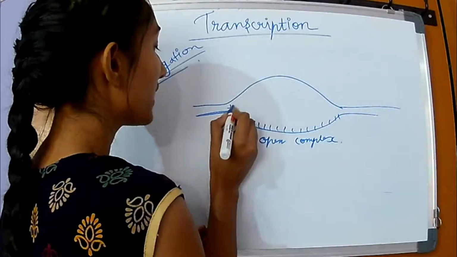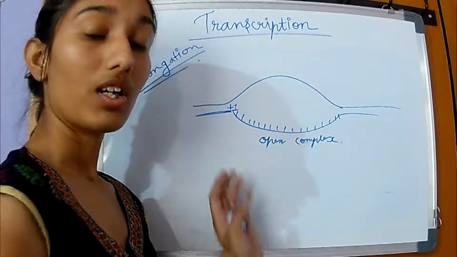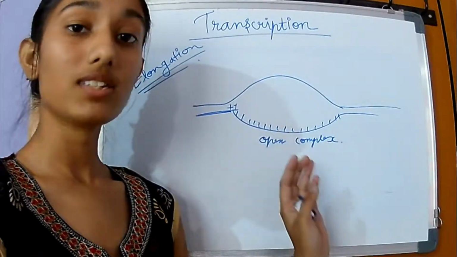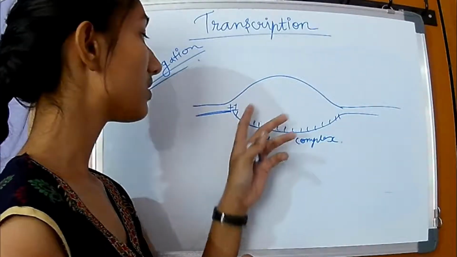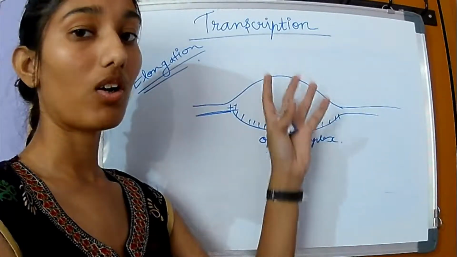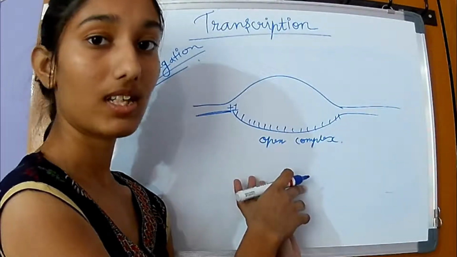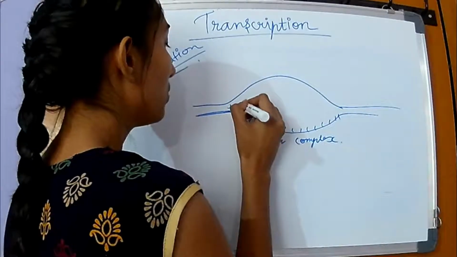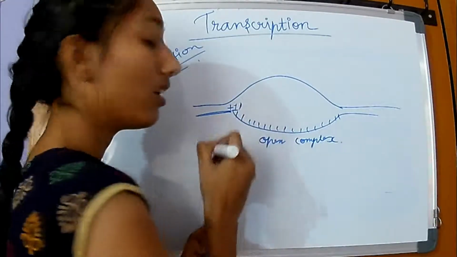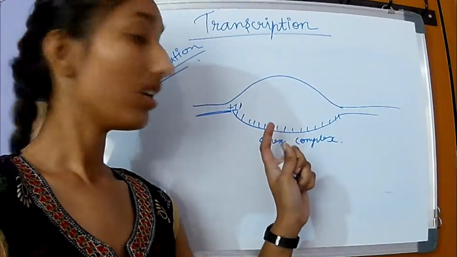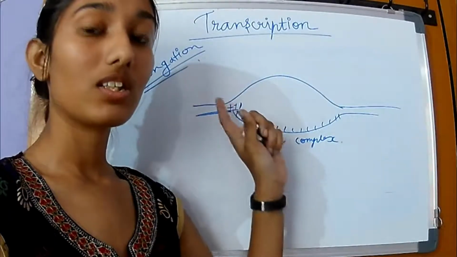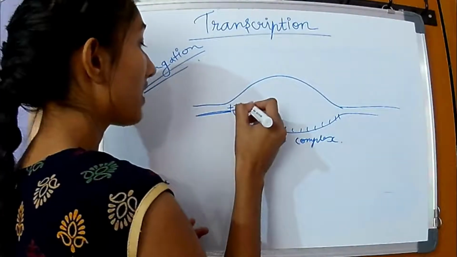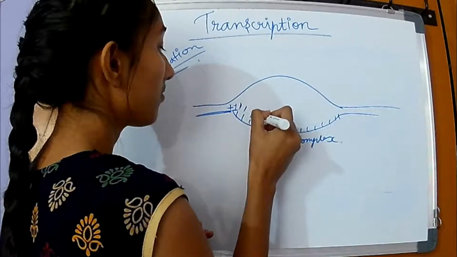And let's suppose that this is the initiation site. What the RNA polymerase does is open up this initiation site, form the open complex, and then bring the nucleotide here from the first site, or you can say the initiation site, and start producing the mRNA.